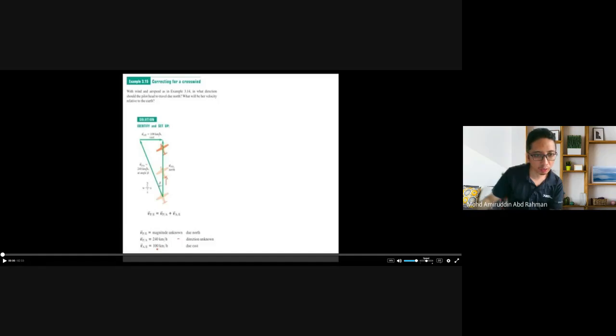But right now we still don't know the right direction, so it can be either to the left side or to the right side. The important thing is we want to make sure that the plane is moving towards the north.